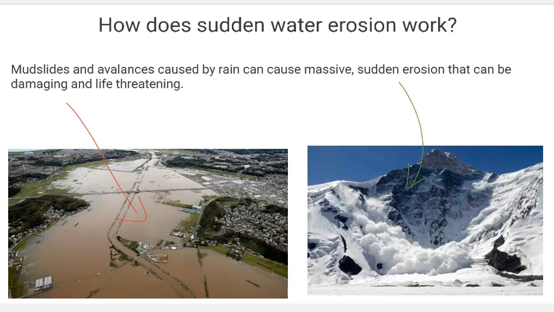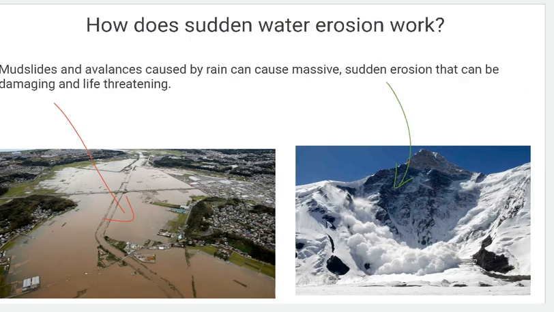With the falling of snow, increasing weight onto different parts of the mountain, it can eventually begin to avalanche. Now, there are plenty of causes of avalanches that can happen. And I'm not saying that water erosion is the only cause for an avalanche, but one of the causes of an avalanche can be water erosion.